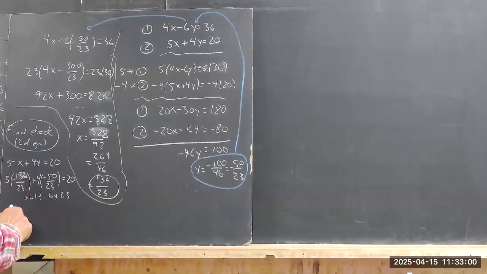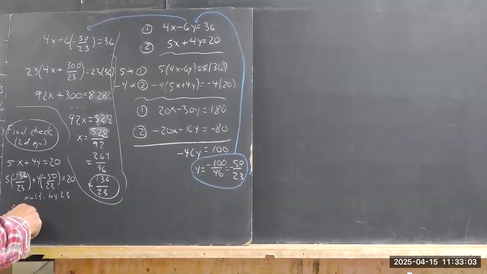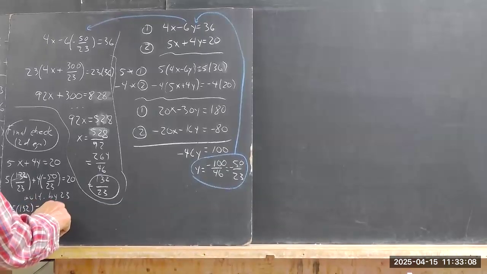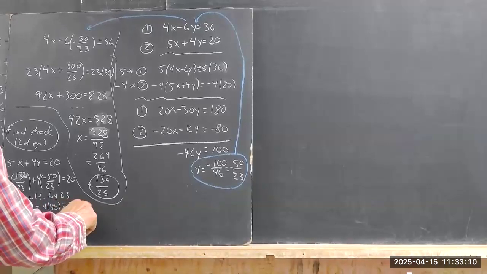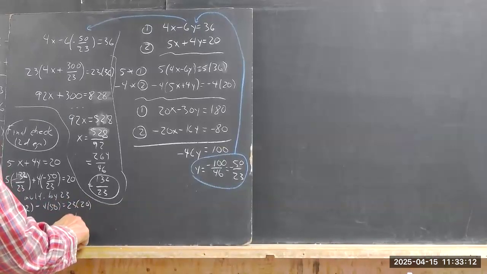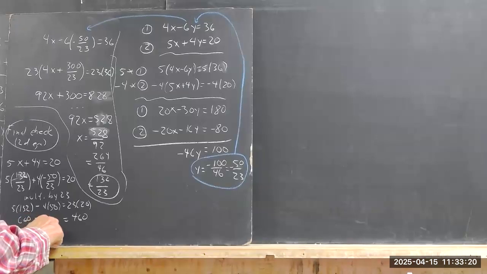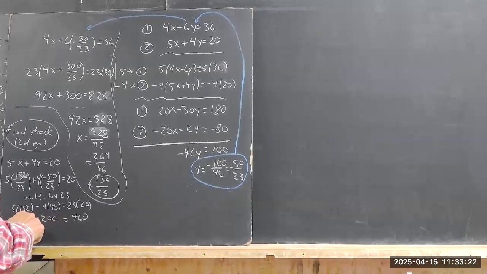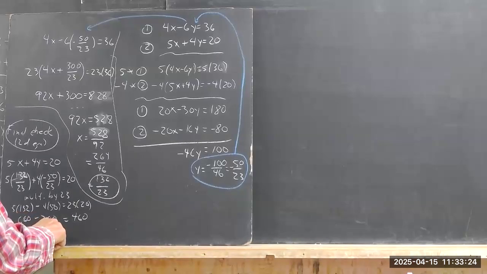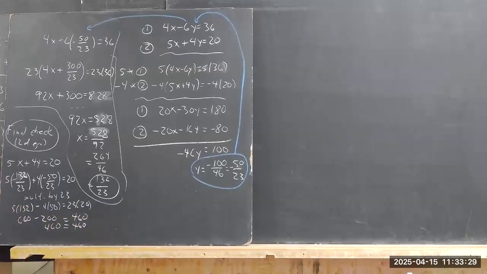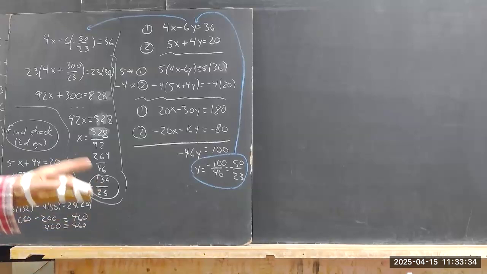And I get 5 times 132 minus 4 times 50 equals 23 times 20. That's 460. This is 660. And that's 200. And 660 minus 200 is 460. I did that kind of fast, because if I stop and think, I'm going to screw something up. Okay.